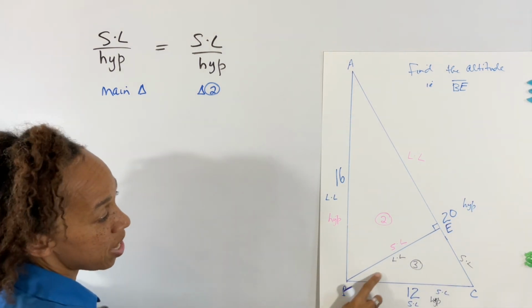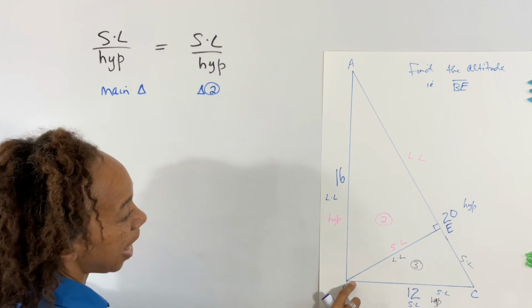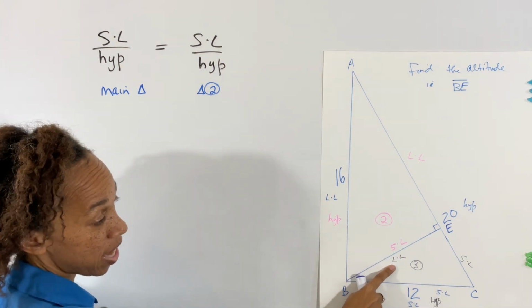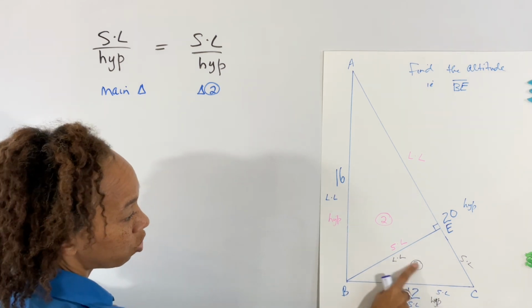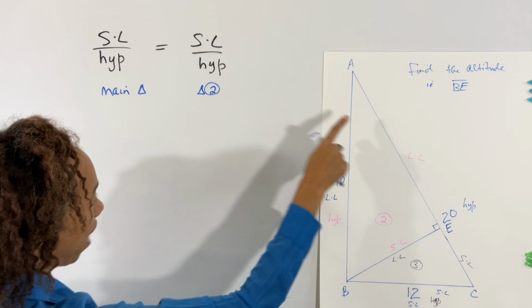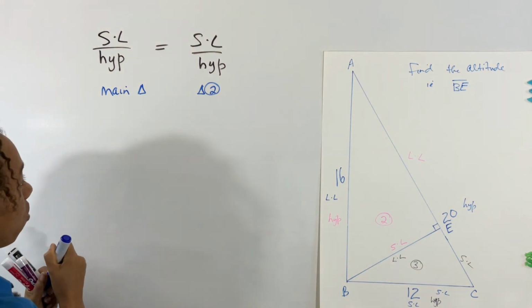For triangle 3, I'm finding the altitude, which would be the long leg, and no, I'm not using that as my ratio. So I cannot use triangle 3. I must only concentrate on triangle 2 and the main triangle.